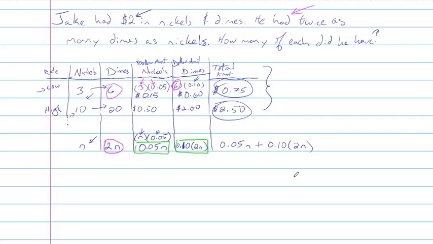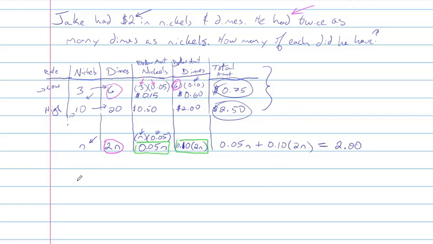And then finally, I have my equation once I set this equal to what I want my dollar amount to be, and that is the $2. So the total dollar amount of nickels and dimes I want to add up to equal $2.